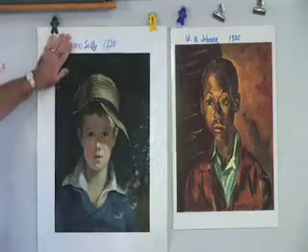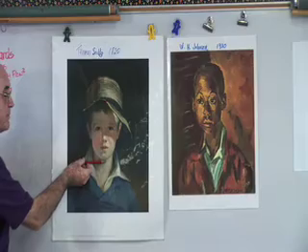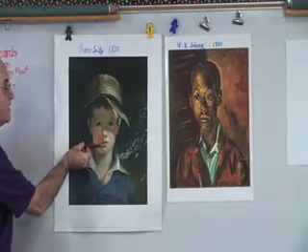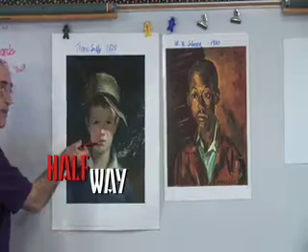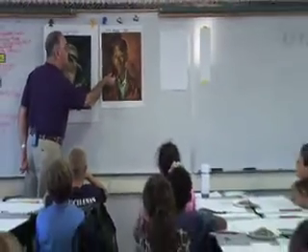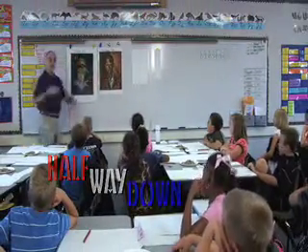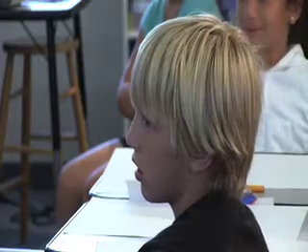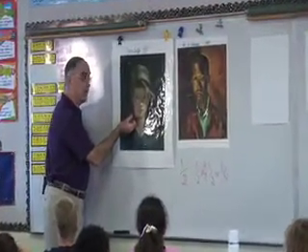Now, let's go a little further. From the bottom of the nose to the bottom of the chin, how far down is the bottom of the lower lip? Halfway down. You're getting the idea, aren't you? From the bottom of the lower lip to the bottom of the chin is actually 1/2 of 1/4.